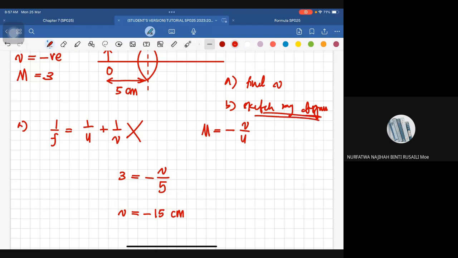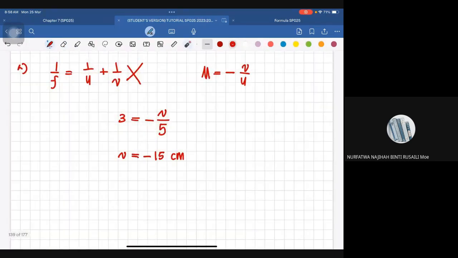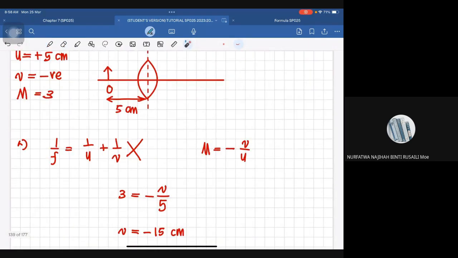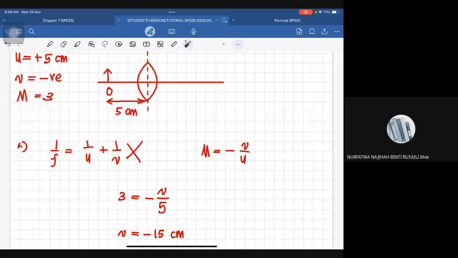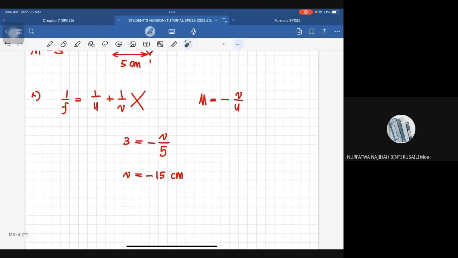Tapi kalau soalan mention find v saja, and then lukisan kamu salah, jawapan masih betul lah. Okay? Alright. So dari sini kita sudah dapat image distance, and then tally kah tidak dengan soalan? Tally lah, sebab dia cakap image tu virtual, and then kita dapat negatif. So sepatutnya kita buat betul lah.